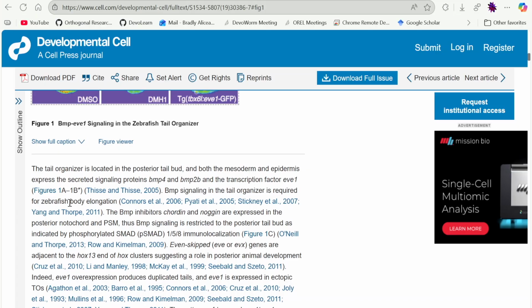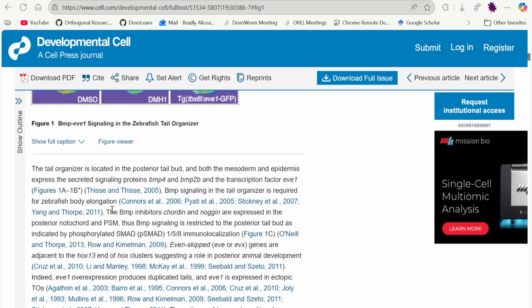And then there are different BMP inhibitors as well. When you express BMP, the signal covers a wide region, and then you have inhibition in places where there shouldn't be a tail. So if you got rid of the BMP inhibitors, the tail would not be as well formed.